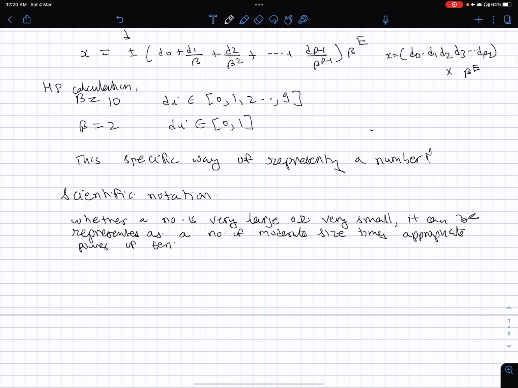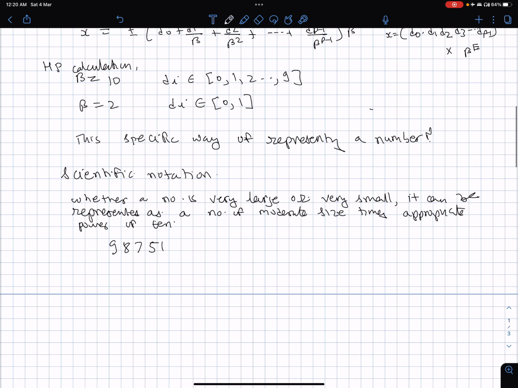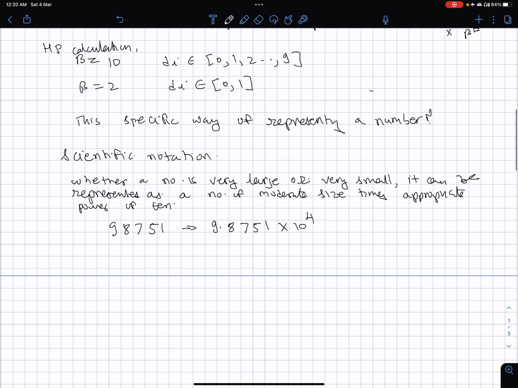For example, suppose you had 98751. You could represent this as 9.8751 times 10 to the power 4. So this is a number of moderate size times an appropriate power of 10.